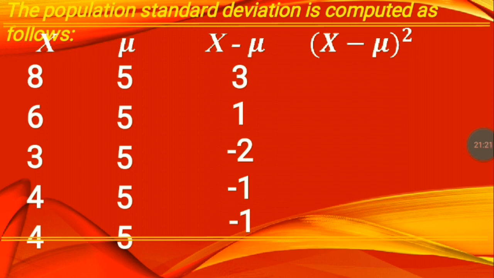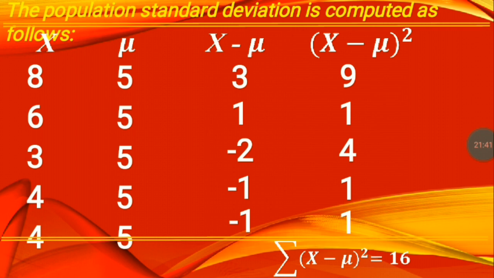Then on the fourth column, we are going to square X minus the population mean. So we have 3 squared is 9, 1 squared is 1, negative 2 squared is positive 4, negative 1 squared is 1, and here is also 1. Then we're going to get the summation. That's 9 plus 1 plus 4 plus 1 plus 1. That gives us 16.